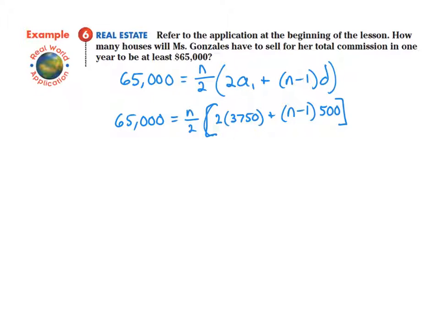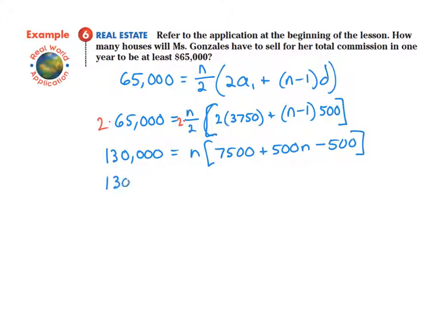I don't like fractions. I'm sure you don't either. So let's multiply each side by 2 so that we don't have that fraction there. So that's going to be 130,000 is equal to n times, 2 times 3750 is 7,500. I'm going to distribute the 500 there. So plus 500n minus 500.